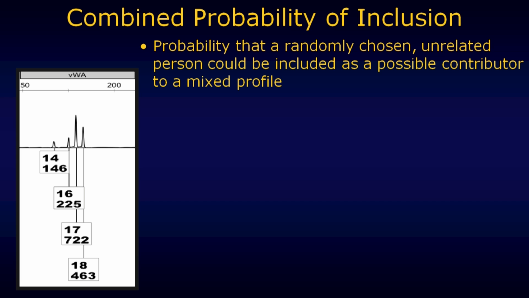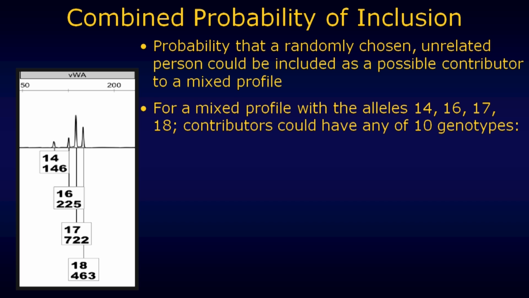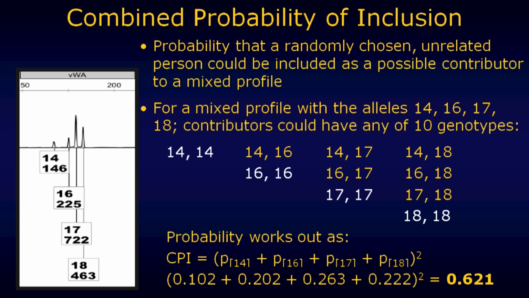Okay? So what kind of people might be included as a possible contributor? Well, check this out. We've got a sample that has 4 alleles, 14, 16, 17, and 18 at this particular locus. It turns out that there are 10 different genotypes, 10 different kinds of people, that might have been able to have contributed to this mixture. I'll enumerate them all for you here.